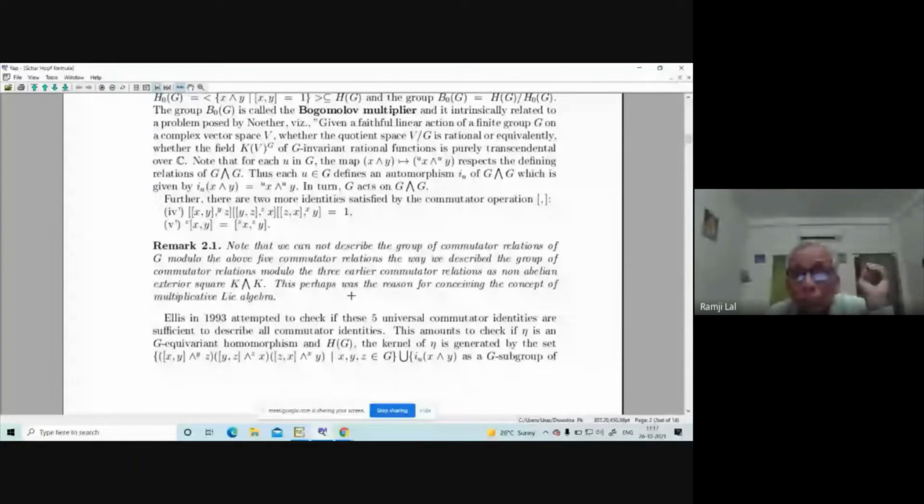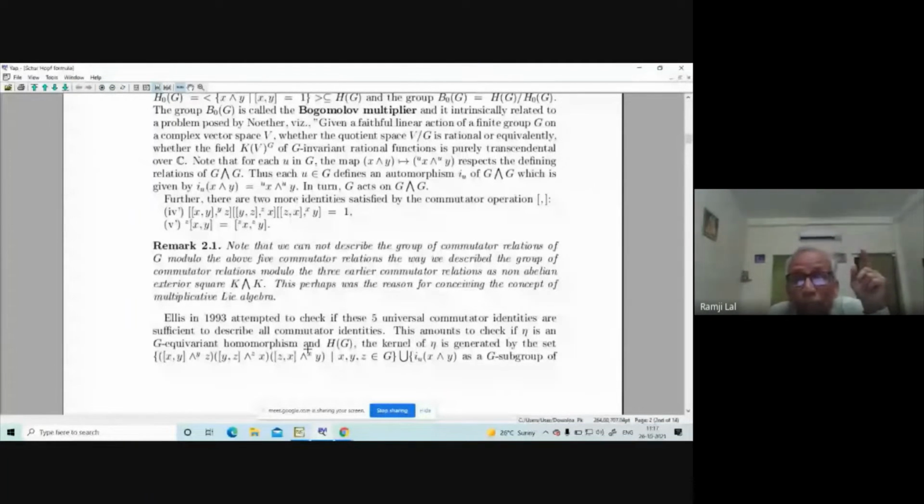So this really amounts to checking if the eta described earlier, X cap Y goes to the commutator of X and Y, is G invariant, G equivariant. We have already seen that G acts on G cap G, and so on the kernel also.